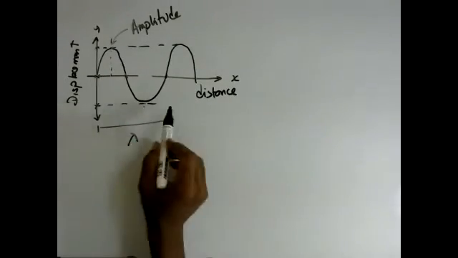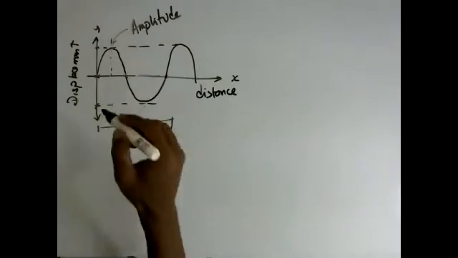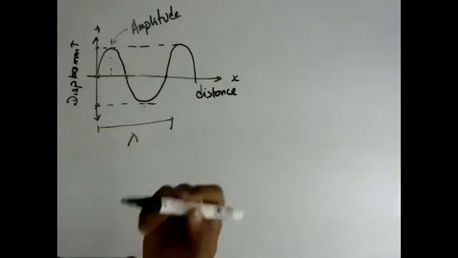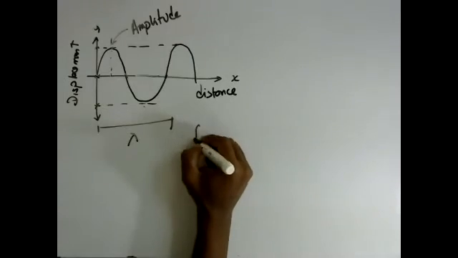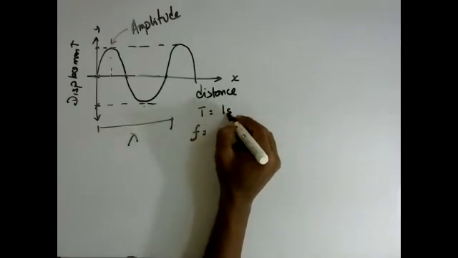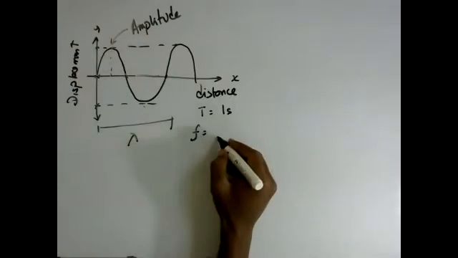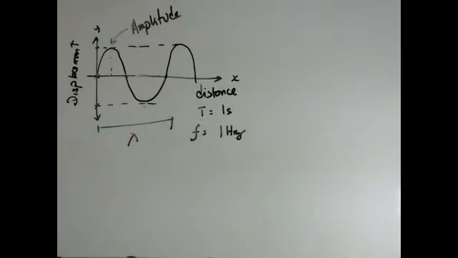And if you have a timestamp, that is, if you know in what time frame this is happening, let's say that it goes from here to here in 1 second, then you can also say what the frequency is. If the time period happens to be 1 second, then the frequency will be 1 hertz. So these kinds of information can be interpreted straight away from this.